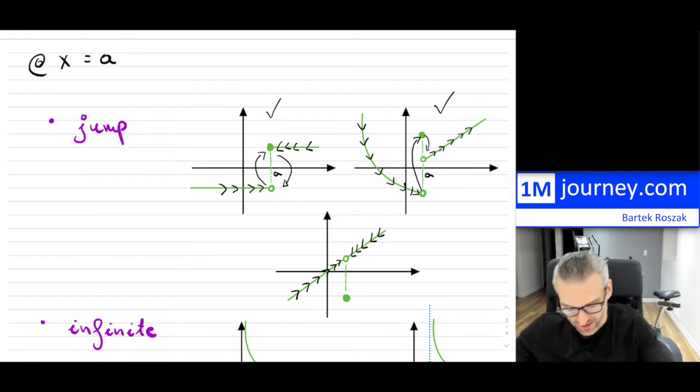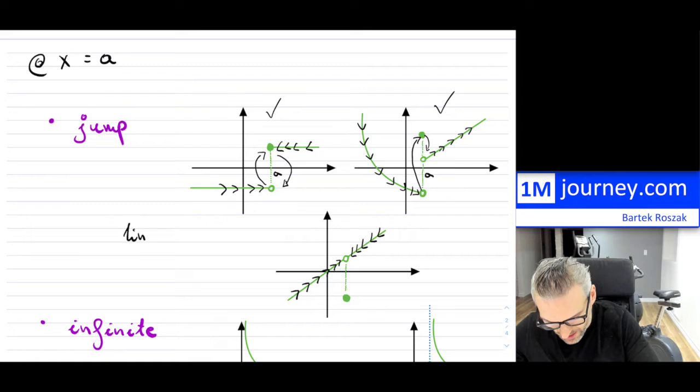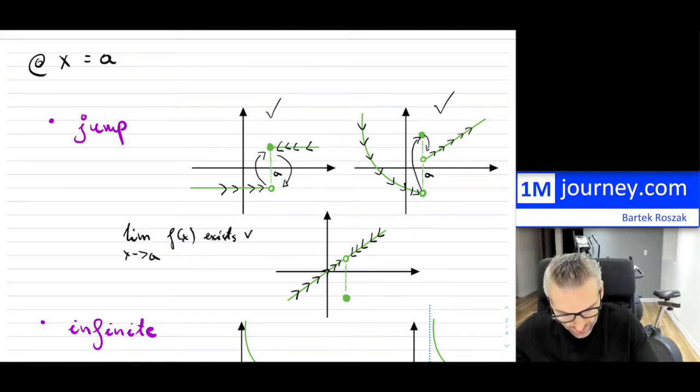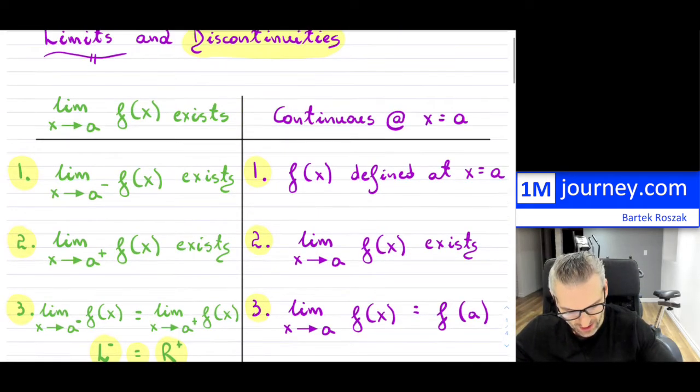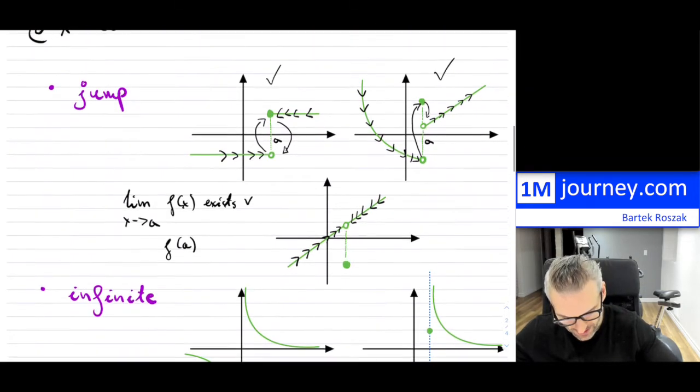So that's great. The limit as x is approaching A of our function actually exists. We know what it is. Great. Now, the function also exists at A. So if I go back in here, it is defined at A for this.